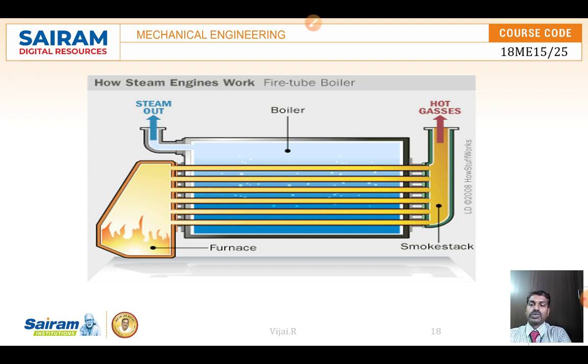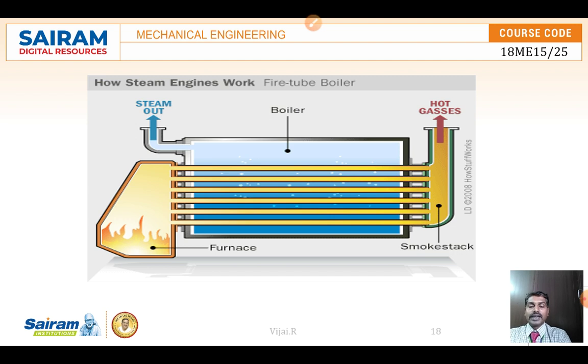Let me show how the function of this Lancashire boiler works. You can see at the left end there is a furnace. In the furnace we produce the heat by burning the fuel. When the fuel is burnt, the hot flue gases pass through the tubes, and the tubes pass through the drum where the water is filled.